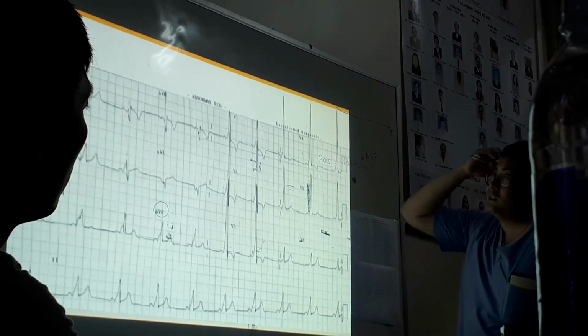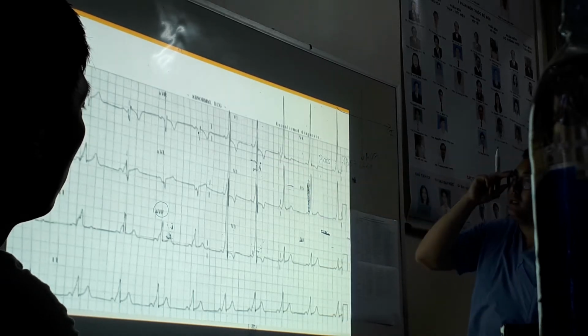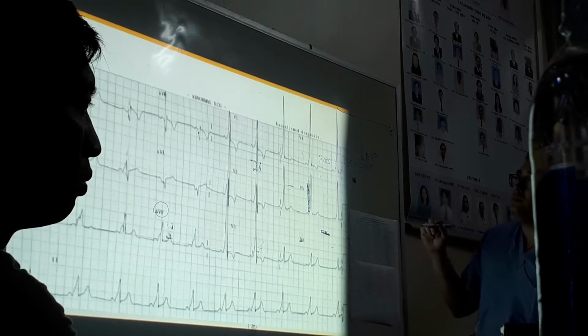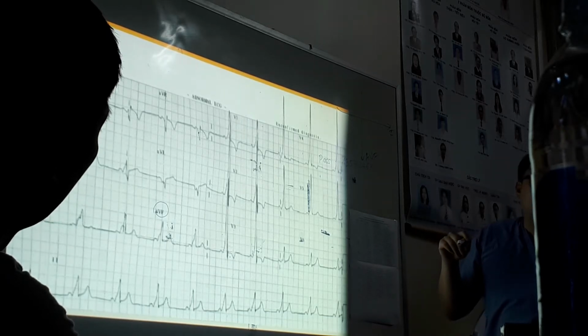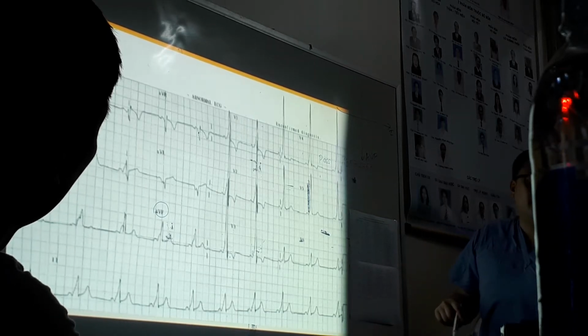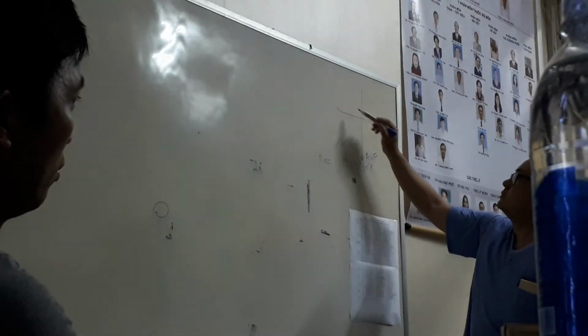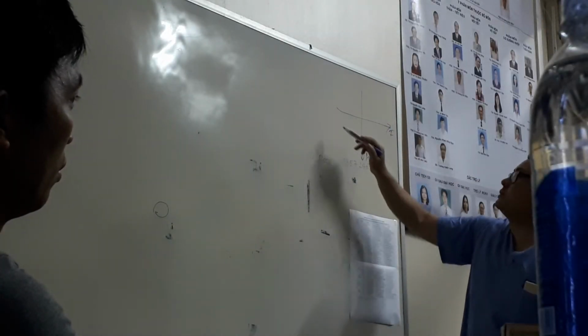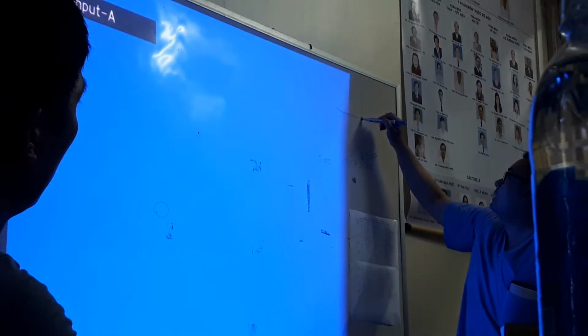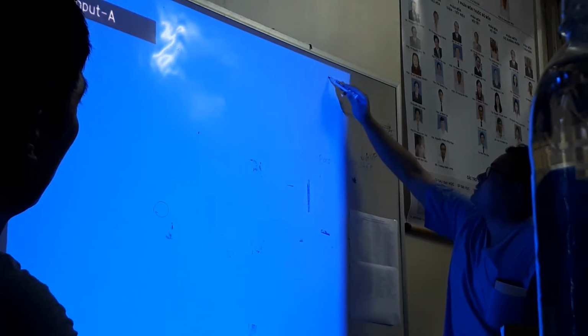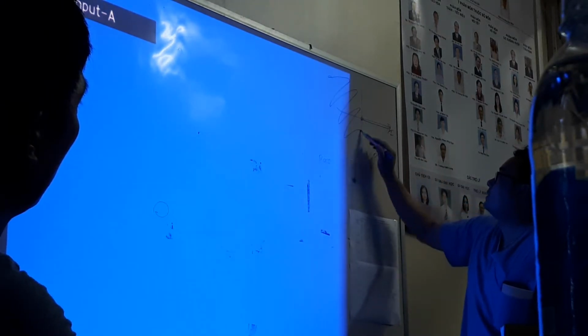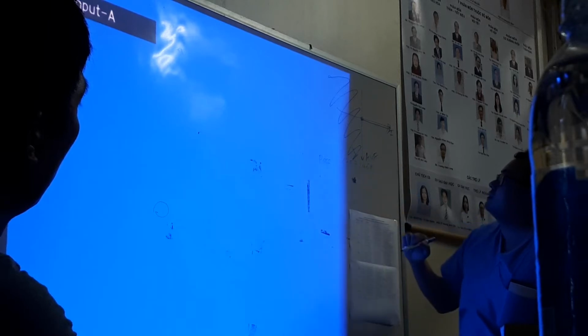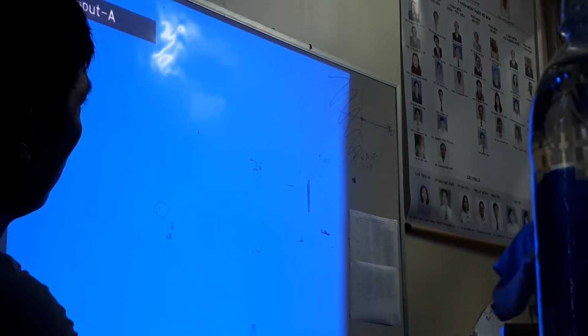Is it up or down in lead 1? What do you think? More down, right? So if lead 1 is more negative, the axis is somewhere on this side.